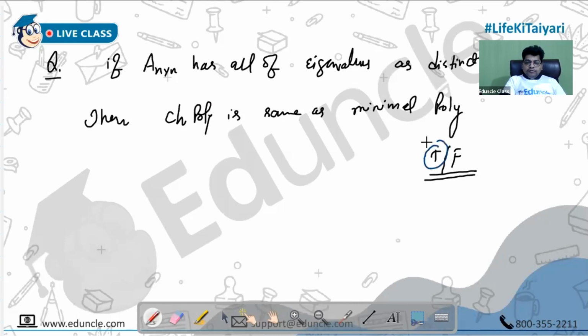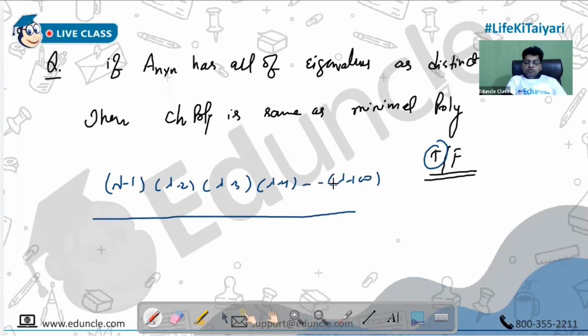This is true, because you have all the eigenvalues like (lambda minus 1), (lambda minus 2), (lambda minus 3), (lambda minus 4), and (lambda minus 100). Let n equal 100. You have these roots, so the characteristic polynomial is this. This is an annihilating polynomial also, and the minimal polynomial is of minimum degree which has all the roots. Only this. You cannot put a power as 0, because otherwise that root will not be in the minimal polynomial. So there is no other polynomial which annihilates. It means this is the minimal polynomial.